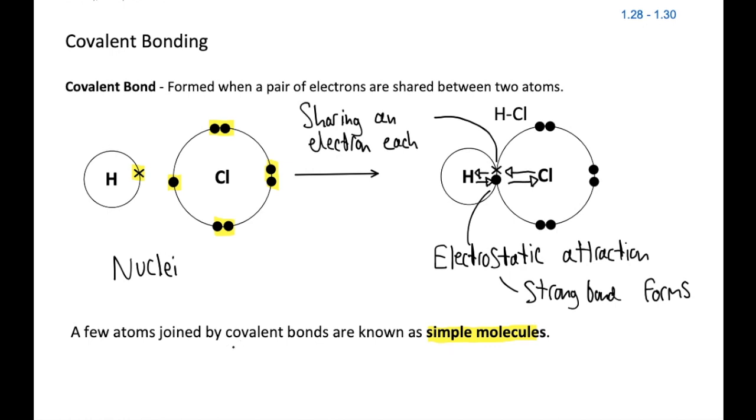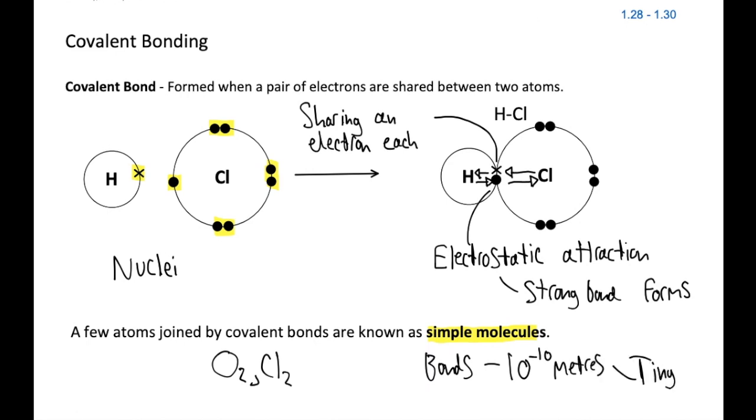Some examples of these simple molecules are things like oxygen and chlorine. And the covalent bonds between the atoms in these simple molecules are roughly the same size as the atoms themselves, which is very small.